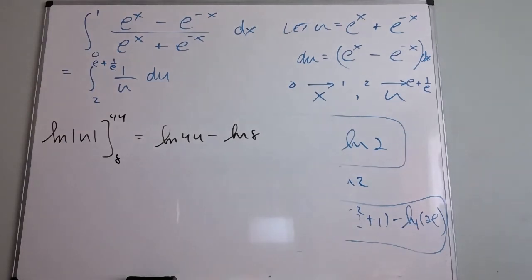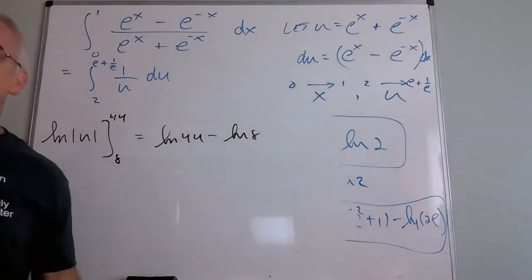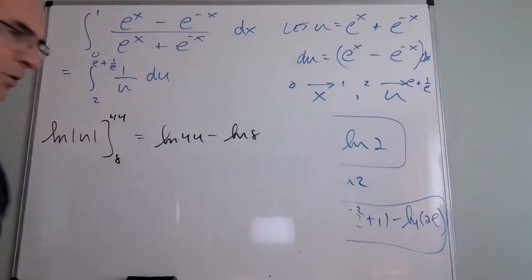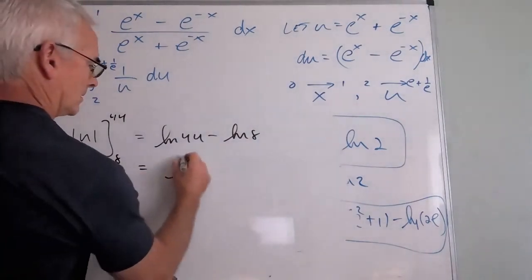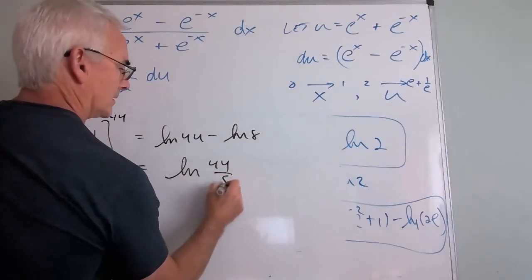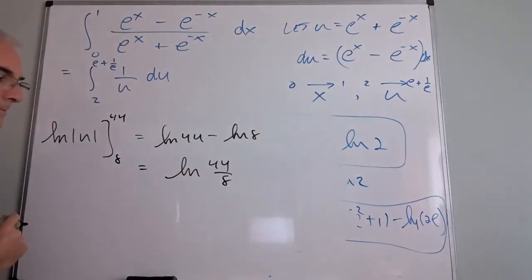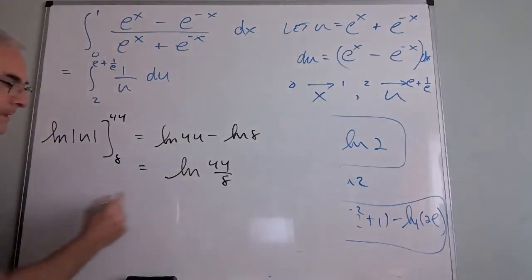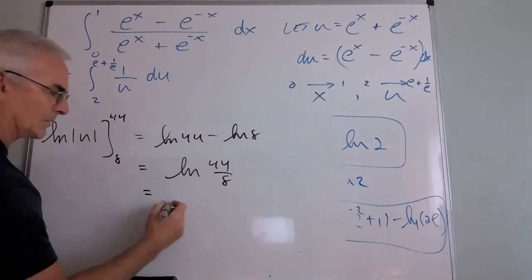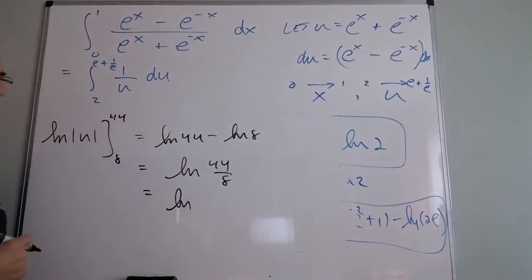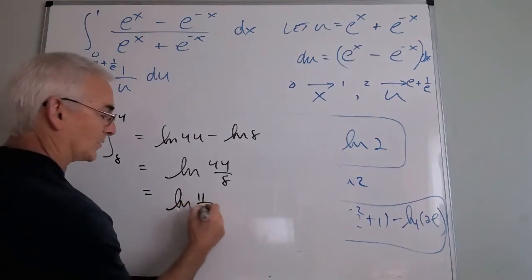But when it comes to logs, we really like our numbers to be smaller, if possible, just easier to work with. Is this correct? Yeah, looks good. Can I do anything with that? 11/2. Ooh, that's way better.